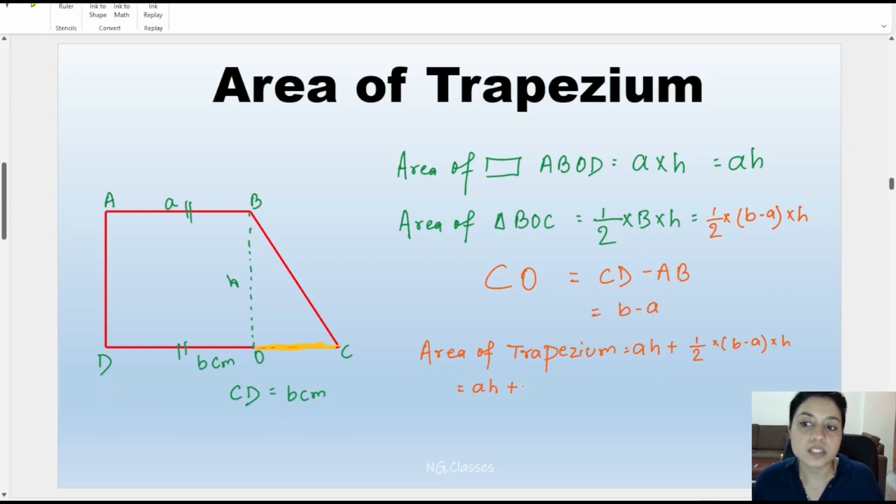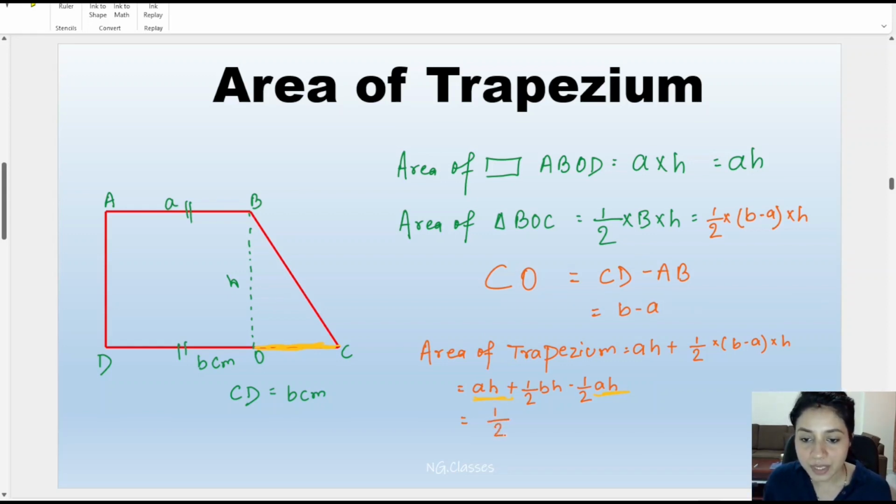Let's apply the distributive property and open the bracket. So here we are having like terms, that is AH and half AH. That means 1 AH minus half AH will be half AH, right?